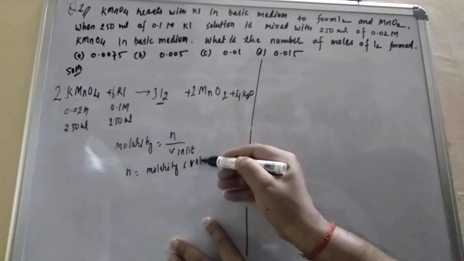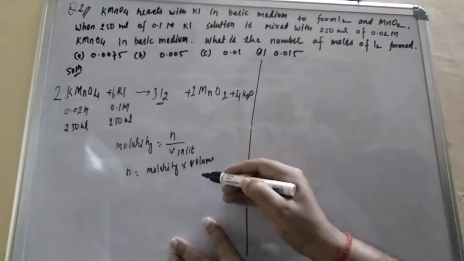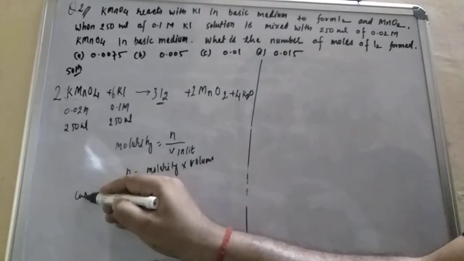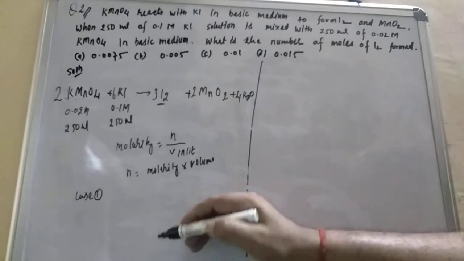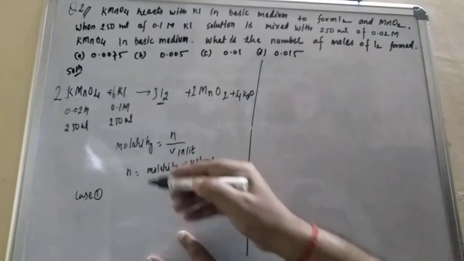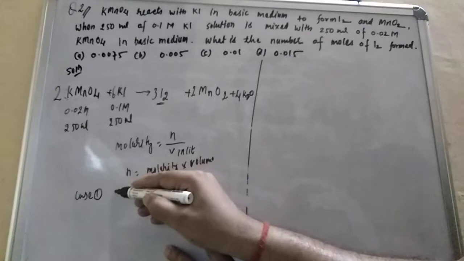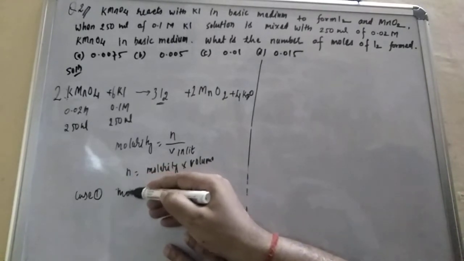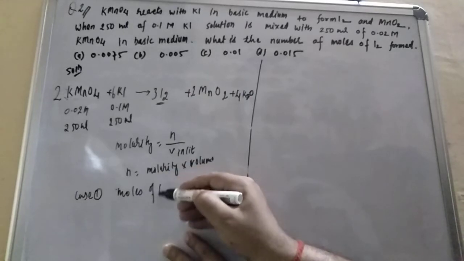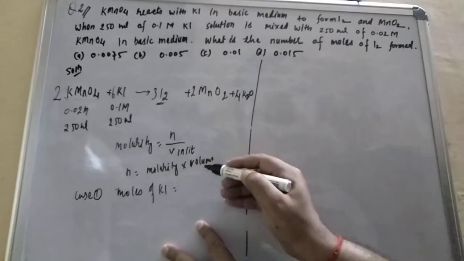So from this, student, what we can draw here, case 1. When you are talking about case 1, case 1 is moles of KI. Firstly you write moles of KI. So how many moles of KI? Molarity into volume.